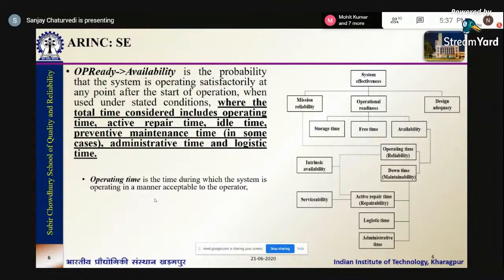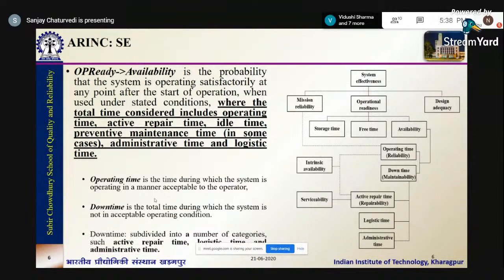The major time components are the operating time and the downtime. The ratio of operating time divided by operating time plus downtime gives you the availability. It depends on what downtime you are going to consider.